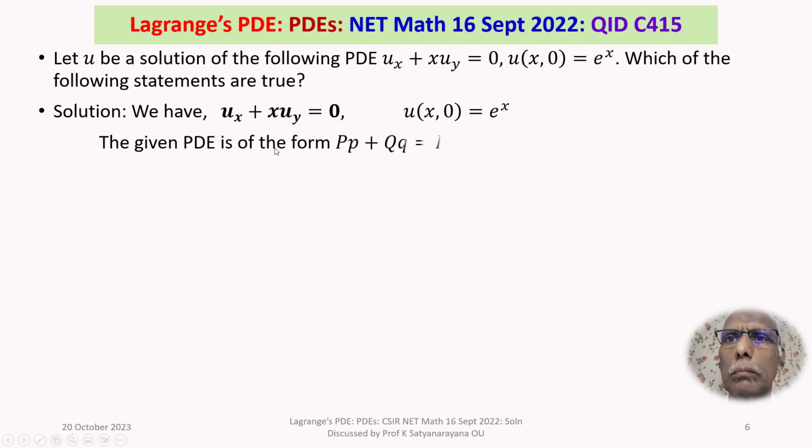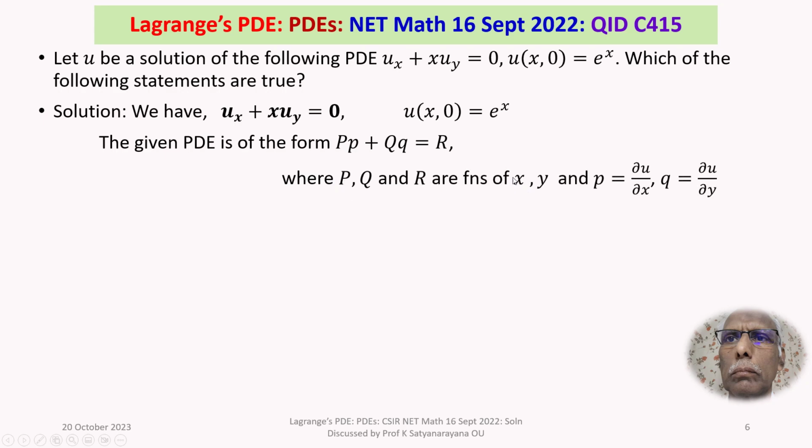The given partial differential equation is of the form P p + Q q = R, where P, Q, R are functions of the independent variables x and y, and small p is ∂u/∂x, small q is ∂u/∂y.